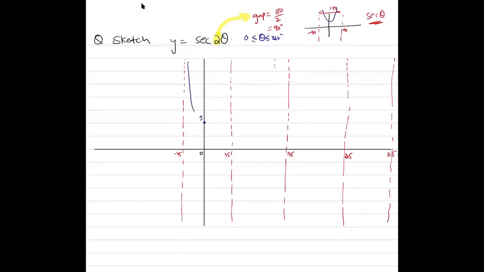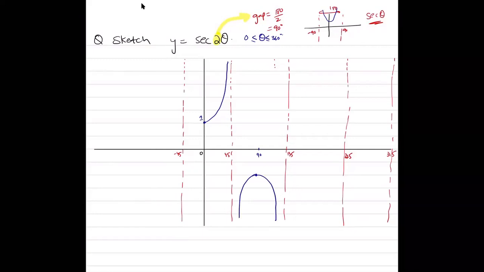It should have been drawn like this, but I'll only draw this side because I want it to be drawn for greater than 0. Then the middle value of 45 and 135 is 90. So at 90, I'll have a center point, and then the graph is going to be an inverted U shape over here.